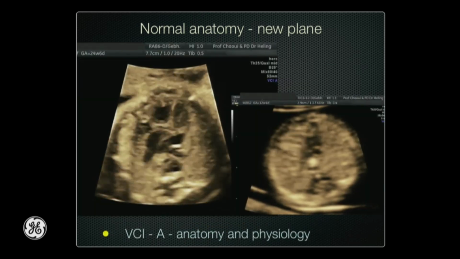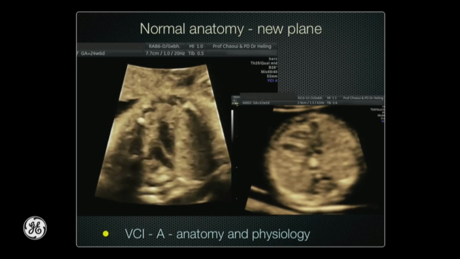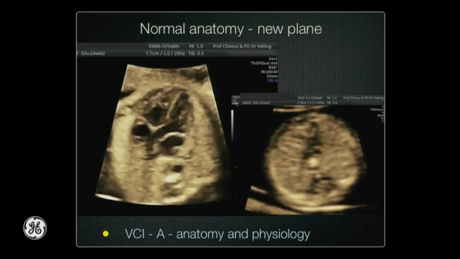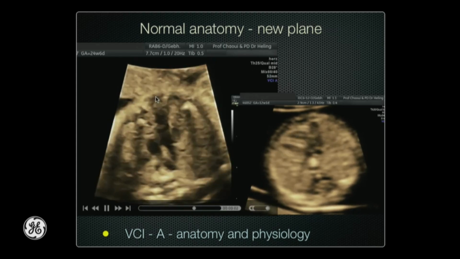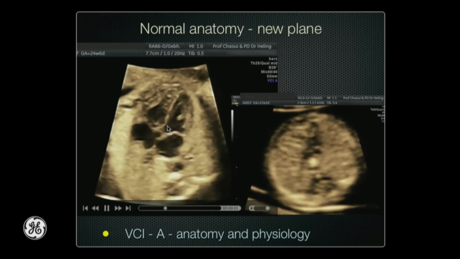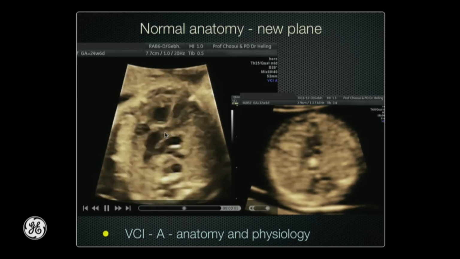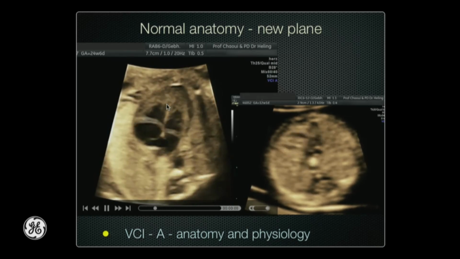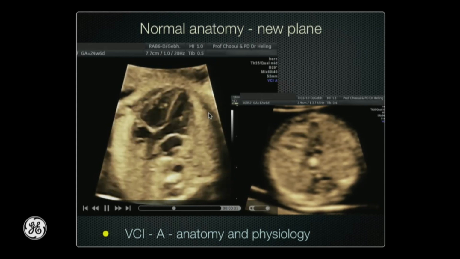This is a new tool called VCIA. We do VCIA during the examination. We have a thickness; I always choose 2 millimeters, and we get a more spatial image of the heart, and we could scroll, do the normal examination, and you see the four-chamber view, and the left and the right ventricular outflow tract.